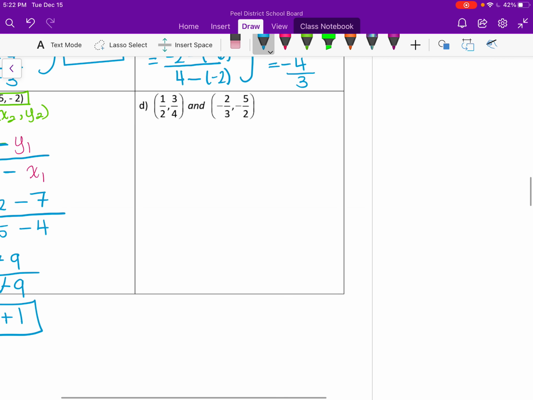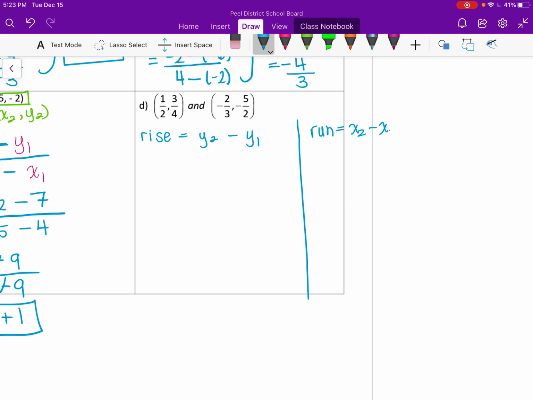All right. D is just a little bit more complicated because now we've got to work with fractions. So I like to split this up, right? I'm going to say, okay, rise is equal to y2 minus y1, and I'll do run is equal to x2 minus x1. Right, so let's do y2 minus y1. So we have 5 over 2 minus 3 over 4.